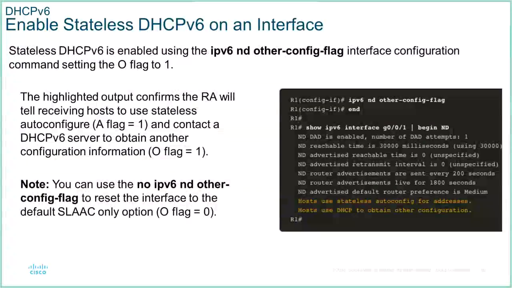So this is telling the interface that it's going to use stateless DHCP on that interface. You can put no in front of this command to remove it, just like with every other command.